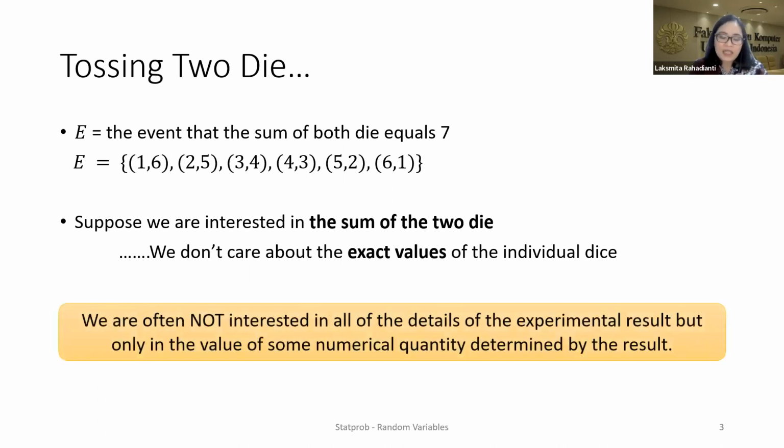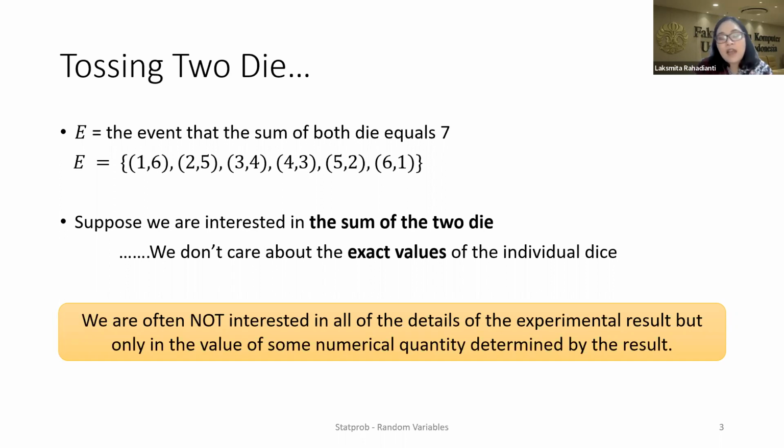So in that case, I need some way to make it a little bit more abstract and to extract exactly what I need to know only. If I don't need that step of writing down all possible outcomes, I can skip it. I don't need to consider it.